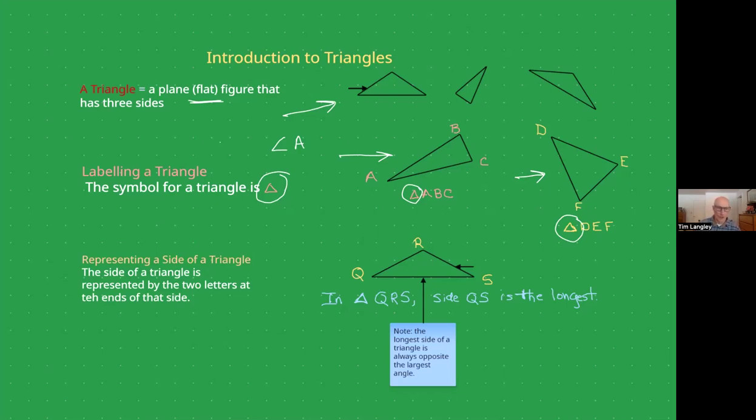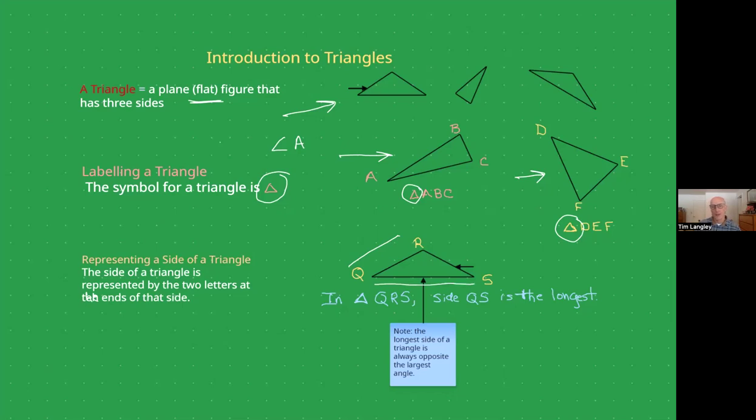Excuse me here as I correct that. Look at this side here of this triangle. You might see in the textbook side QS going across here. It's just mentioning the length of one side of it.